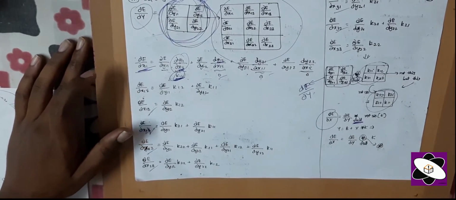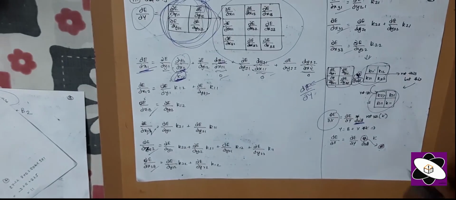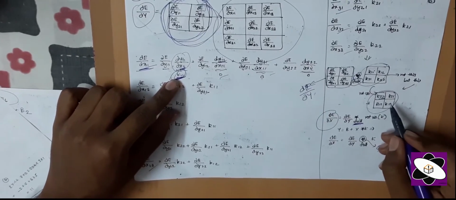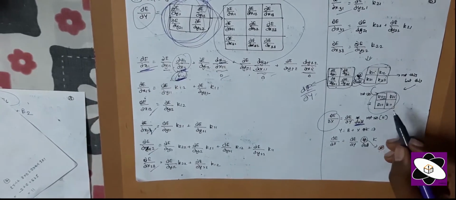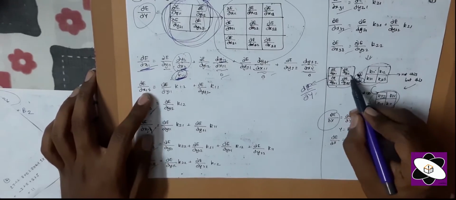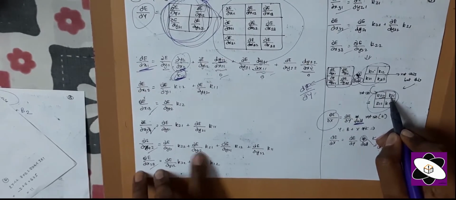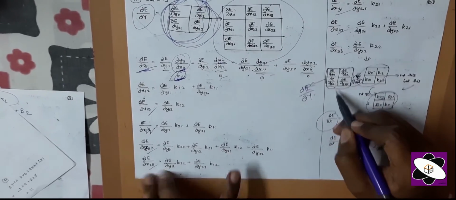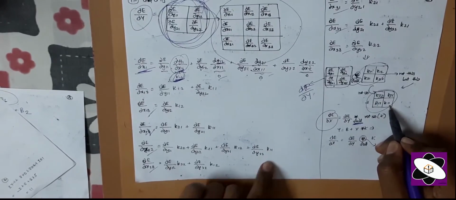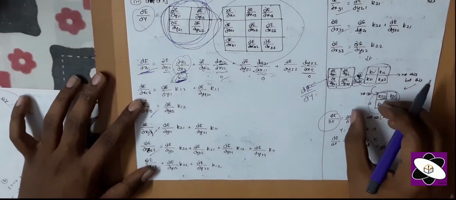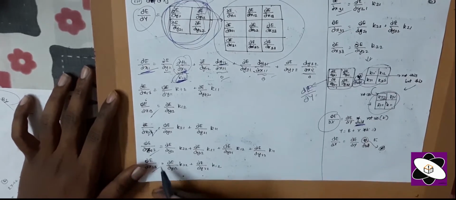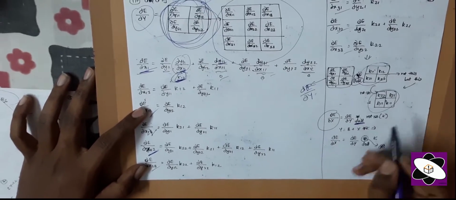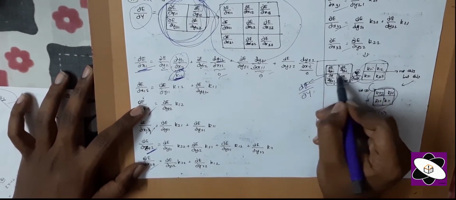You can just check. Now if you want, I will show you for one: k22 into dE by dy1, right? And then we will have dE by dy1 into k21, and so on with k12, k11. Are you getting it? This is the x22 case. In the full operation, we need to take this matrix and start from here.